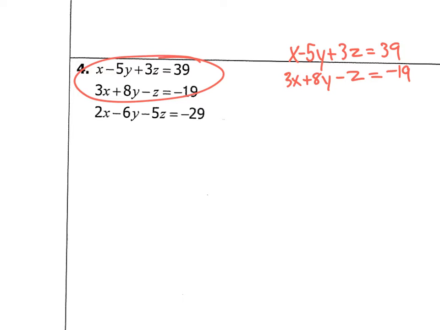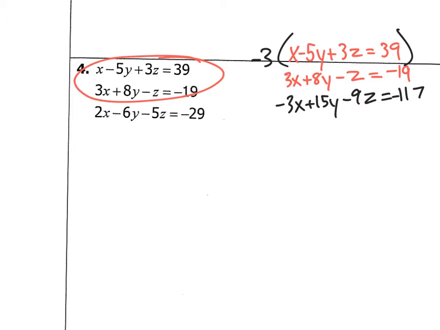And I'm going to multiply the first equation by -3. So I would get -3x plus 15y minus 9z equals, let's see, I'm sorry, it's a negative. So -117.